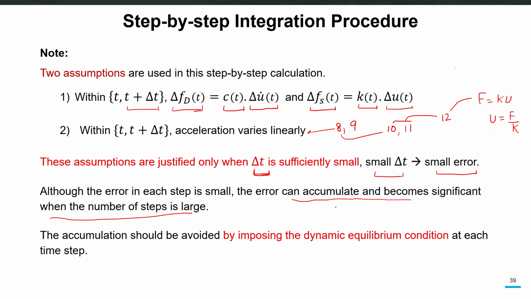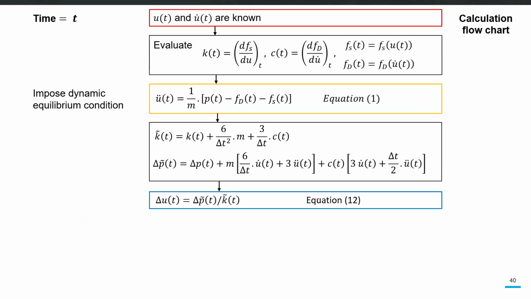The small error in one time step will be added to the error in the next time step, and if there are a significant number of time steps, the error can sometimes become significant. This accumulation of error should be avoided by imposing the dynamic equilibrium equation at each time step. There is a small trick we can use to stop this accumulation of error, and we will explain that in the next slide when we see the flow chart of these calculations.